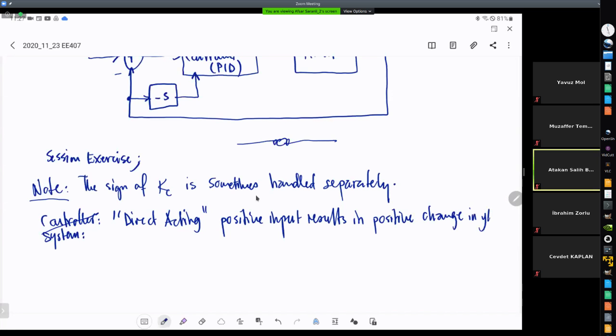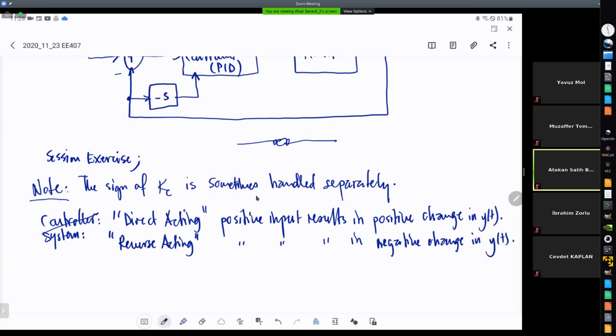And reverse acting: if a positive input results in negative change in y of t.